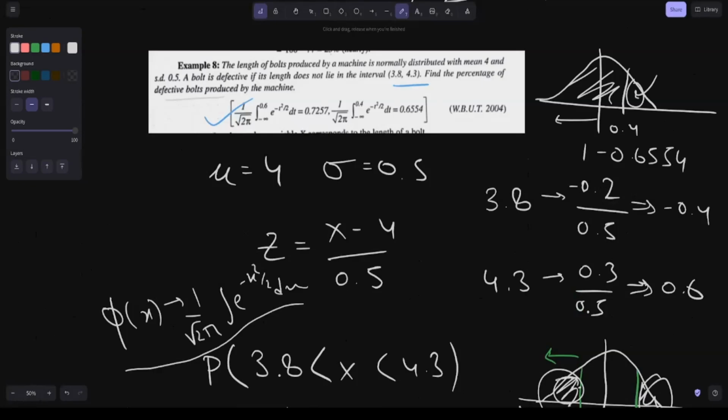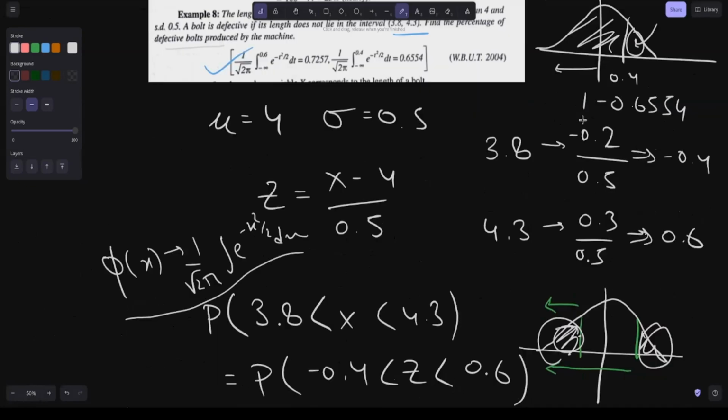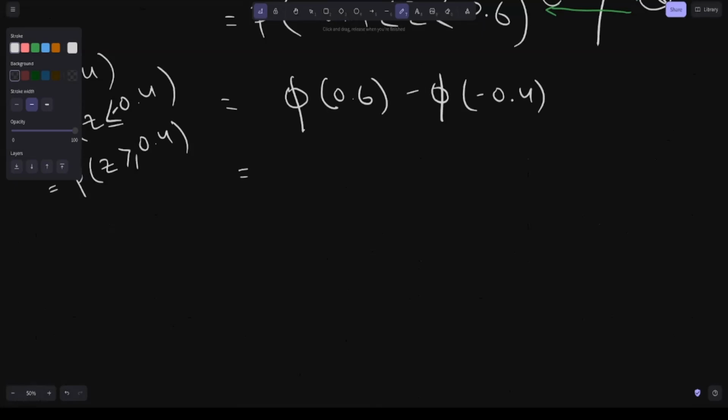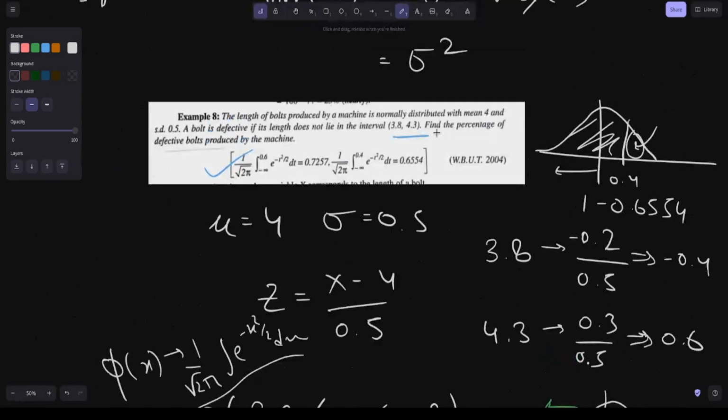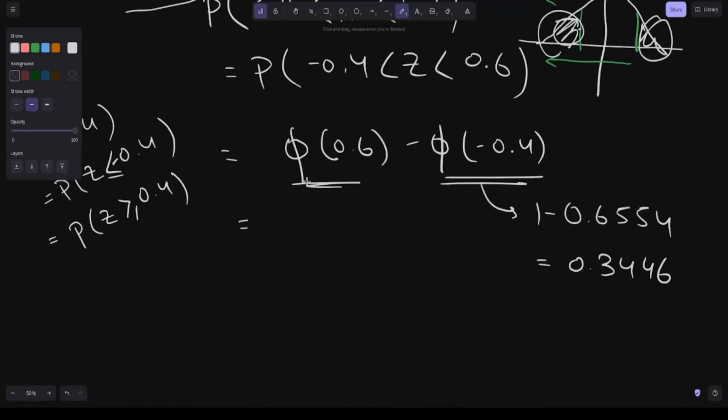0.6554 should be our answer, right? So this value is 1 minus 0.6554, that is 0.3446, and this value is actually just given.